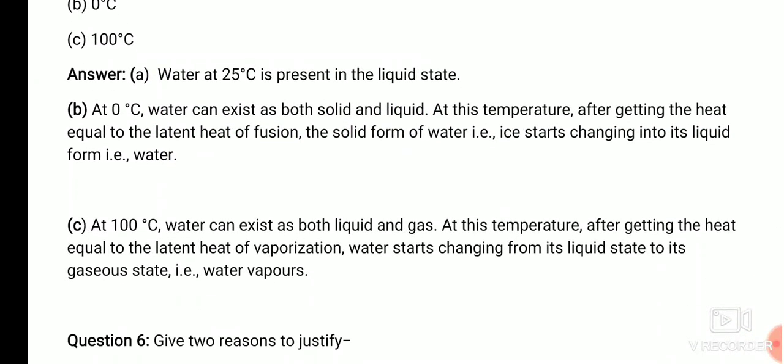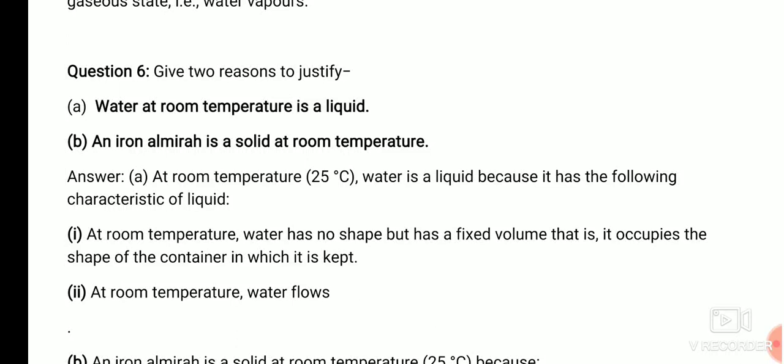Now the next question is, water at room temperature is a liquid. Why? At room temperature, most probably we are taking 25 degrees Celsius, because water can flow at room temperature, right? And it follows all the properties of liquid.